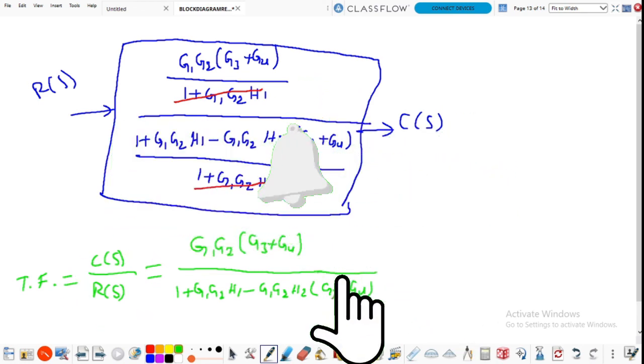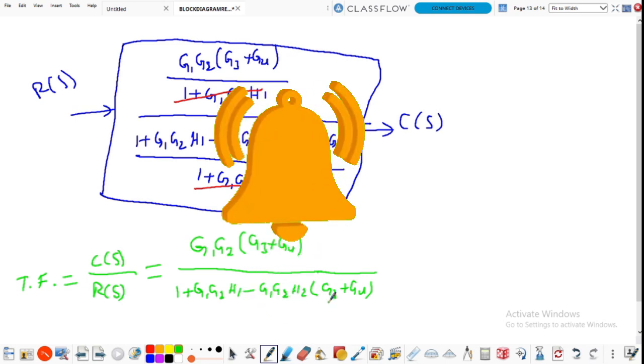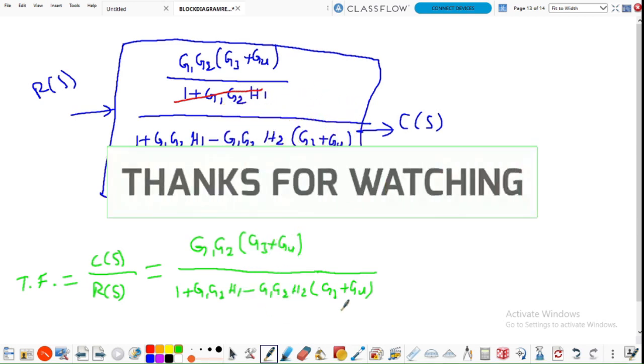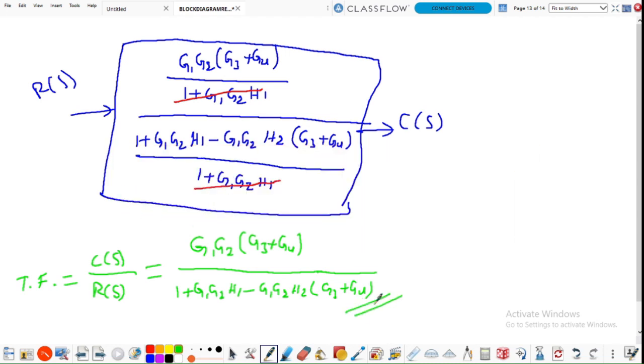This is the transfer function of the given block diagram. Thank you.